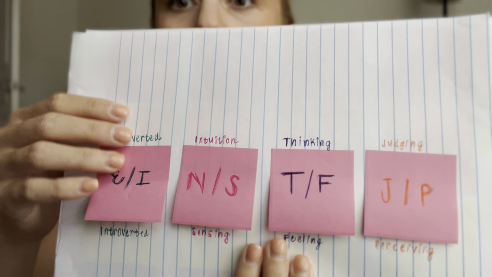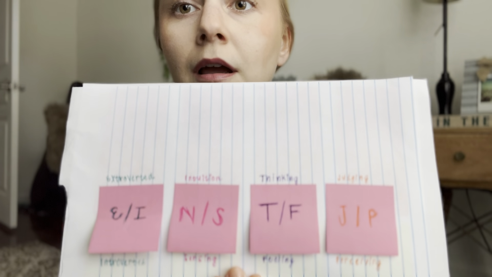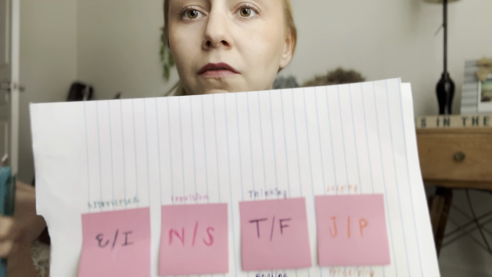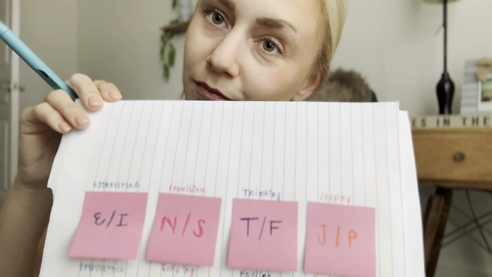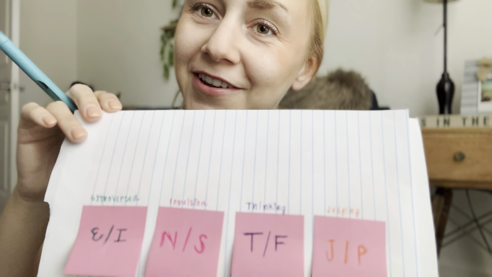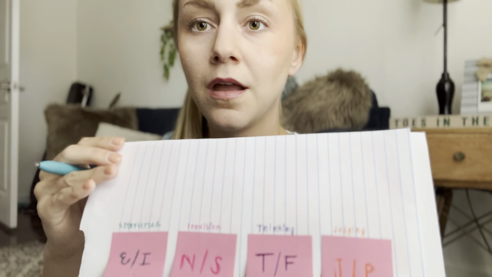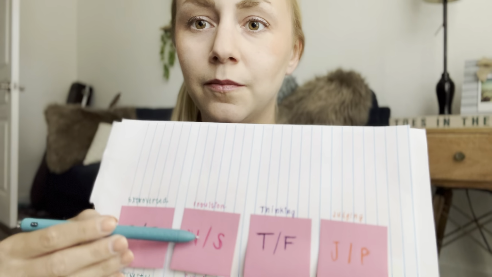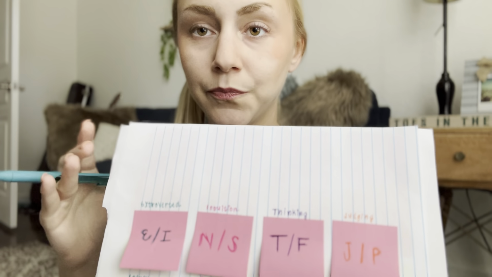There we go. Okay, so as we discussed last time, there are 4 letters, okay? So your homework was to either take the personality assessment on 16personalities.com, or try to decide which of these letters that you think you are, so you can figure out your 4-letter MBTI, okay?